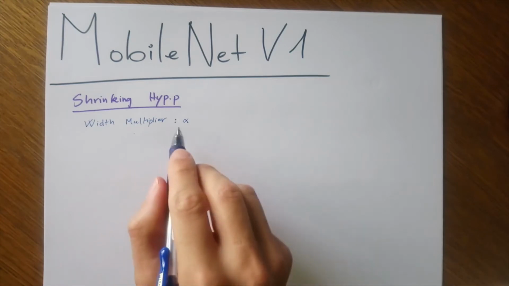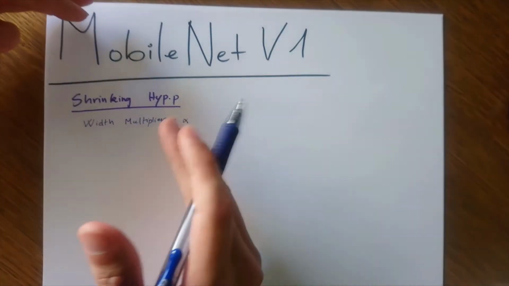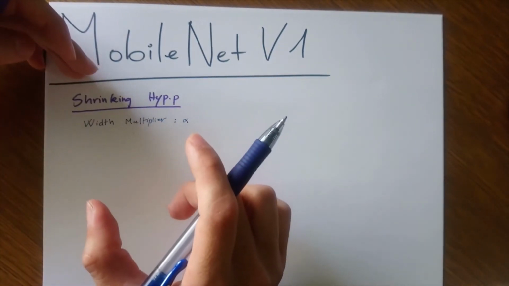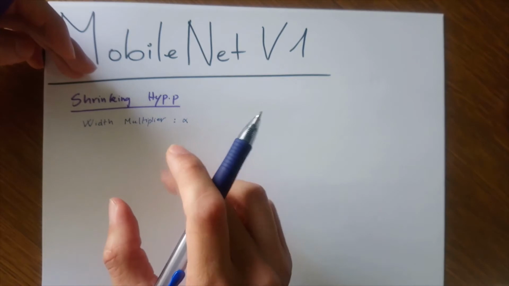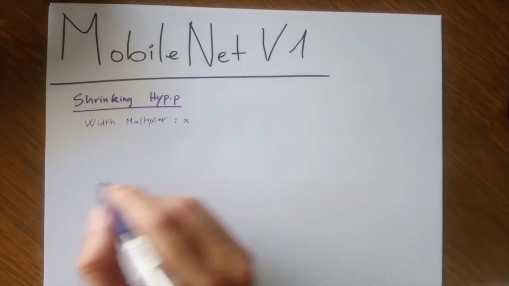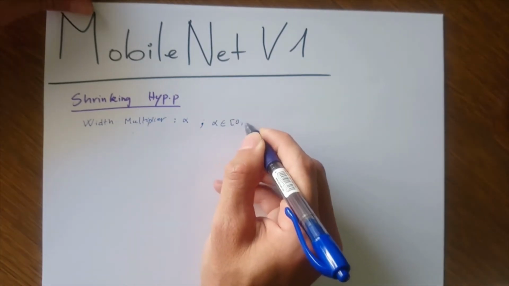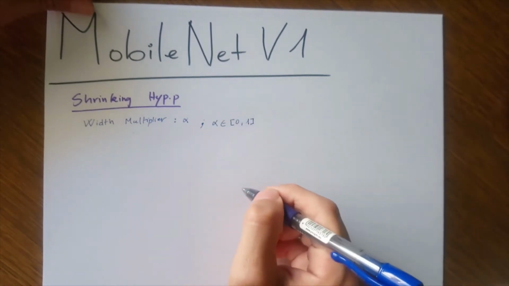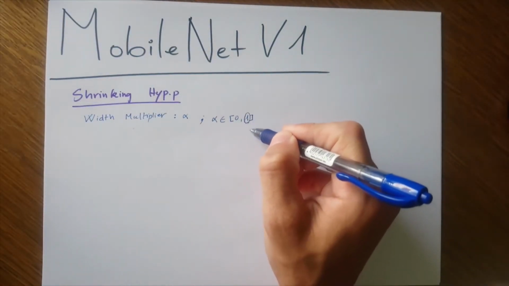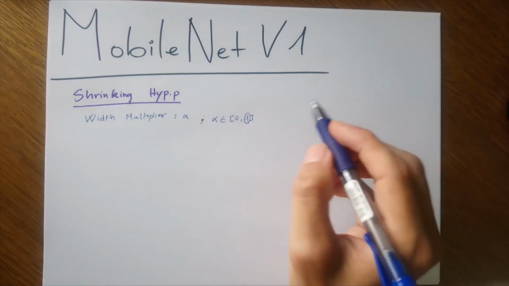So basically what this does is it reduces the number of kernels used in the convolutional layers, and when this number of kernels is reduced, then the depth of the output is also reduced. So alpha ranges from 0 to 1. When alpha is equal to 1, we have no shrinking at all, so the model is the same.